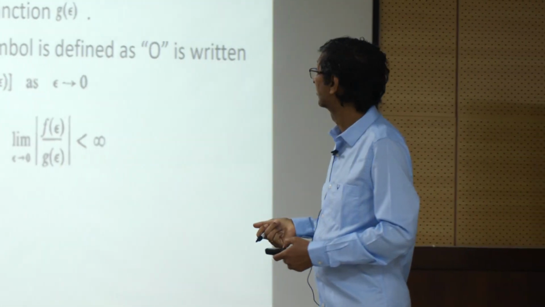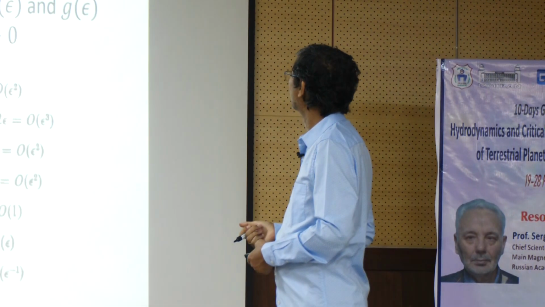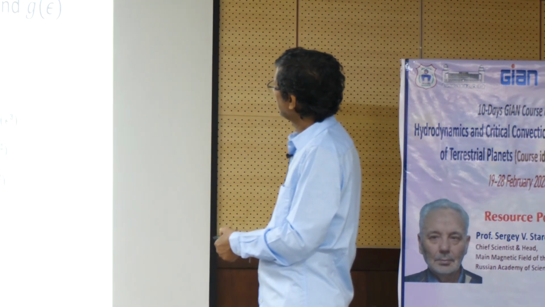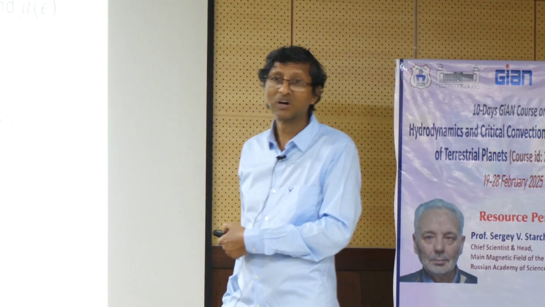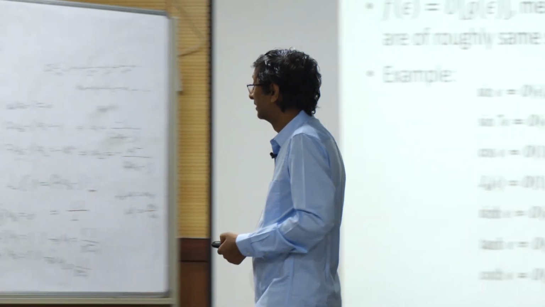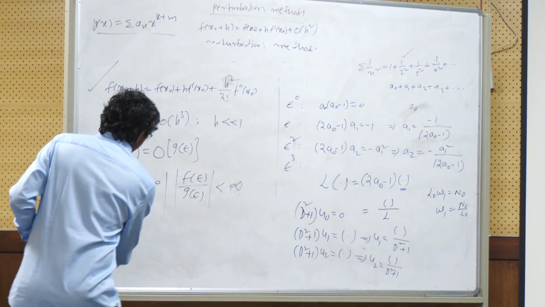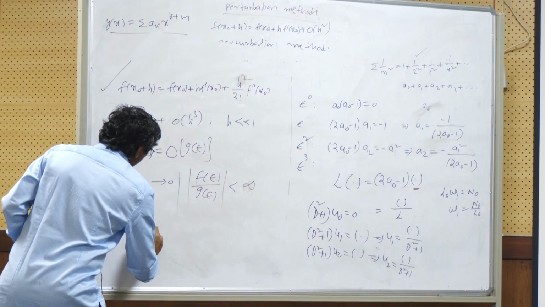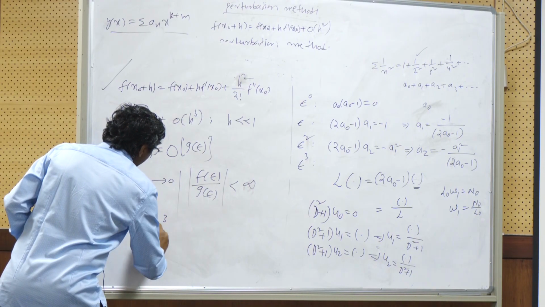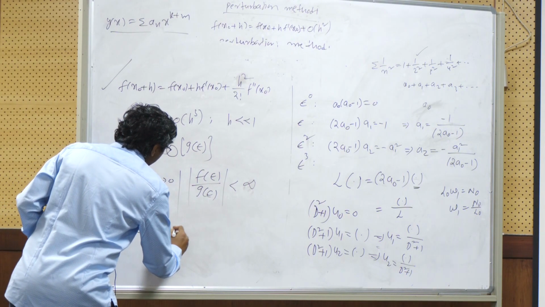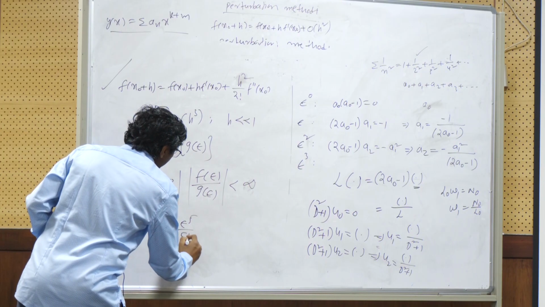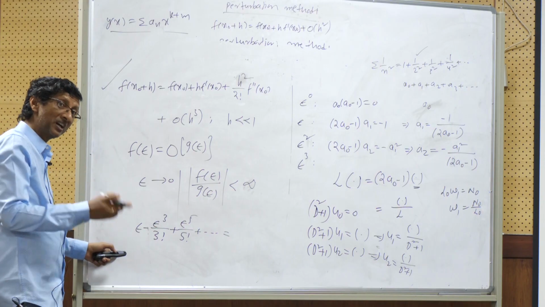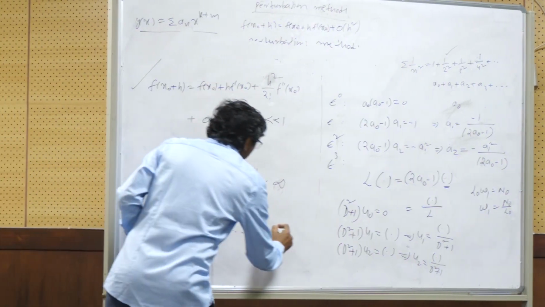Let us see some examples. Sin epsilon is of order epsilon. What does it mean? If epsilon is small, what is the sin epsilon expansion? It is epsilon minus epsilon cubed by 3 factorial plus epsilon power 5 by 5 factorial, and so on. Here delta is equal to epsilon.